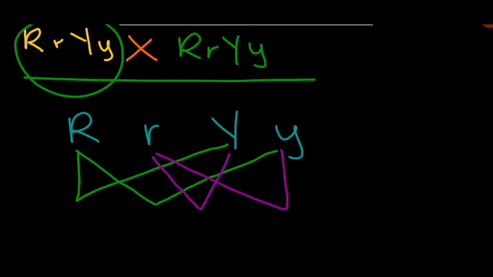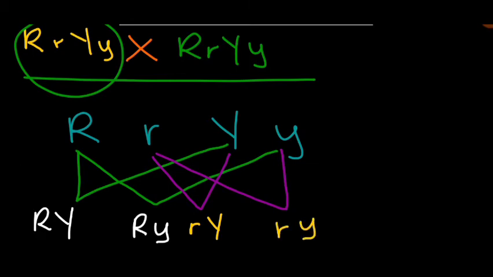So let us now determine the F1 genotype. You've got uppercase R uppercase Y, uppercase R lowercase y, lowercase r uppercase Y, and lowercase r lowercase y. These are the alleles, or in other words, the gametes.